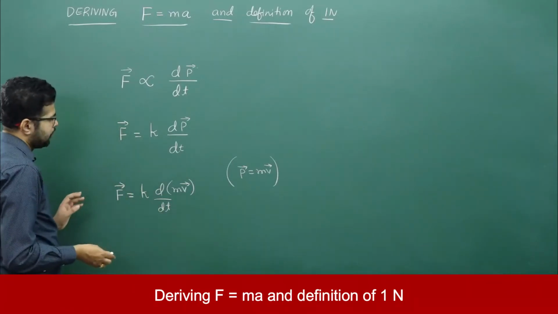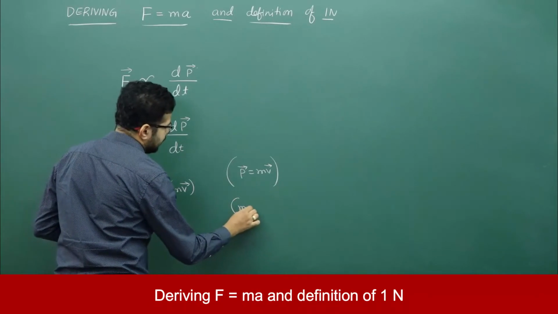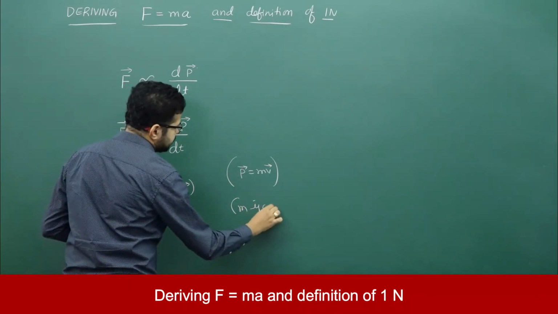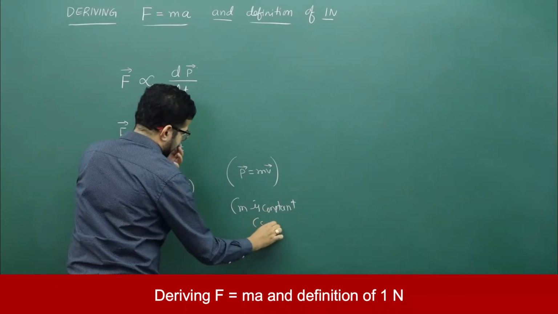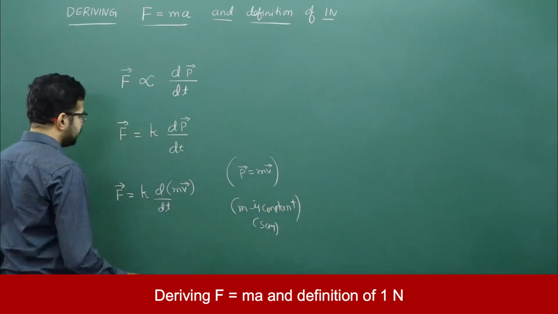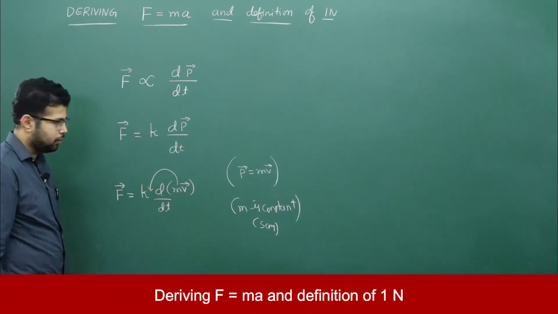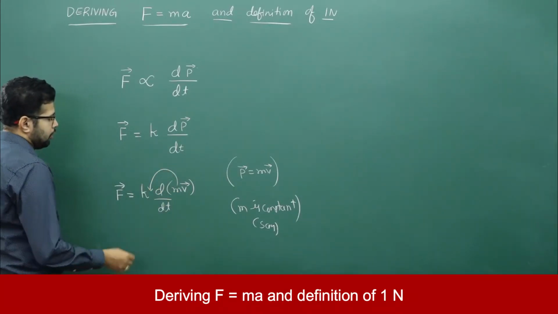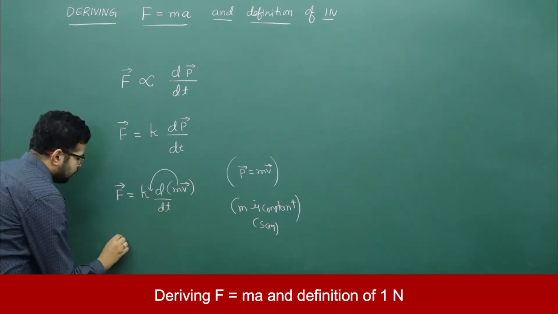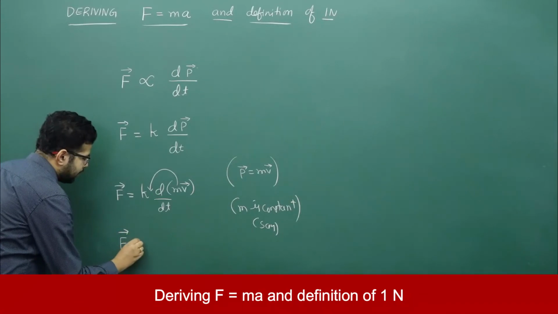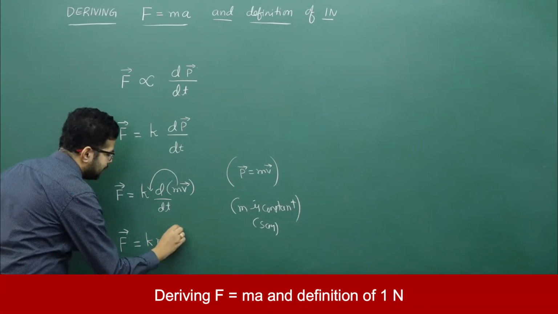Here, for a body with fixed mass, if m is constant, then m can be written outside the differentiation, because this mass is independent of time. So, I can write F is equal to k into m into dv by dt.